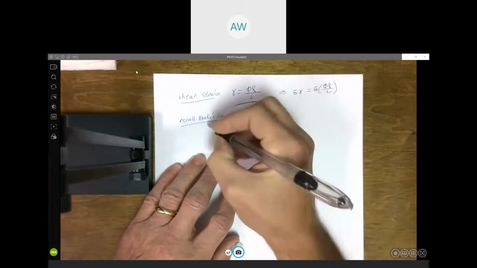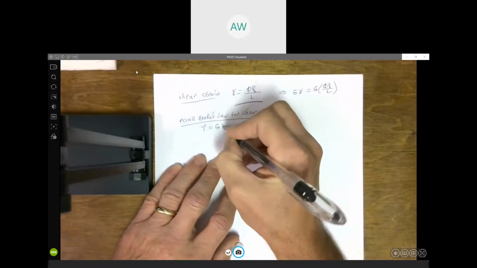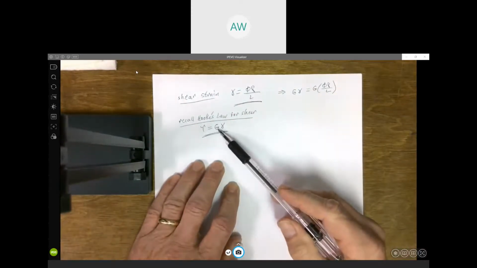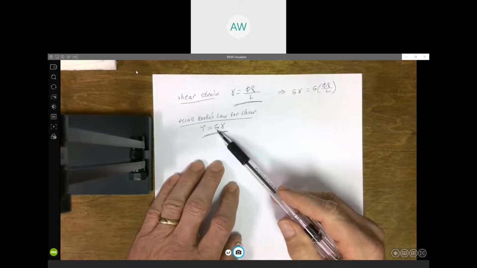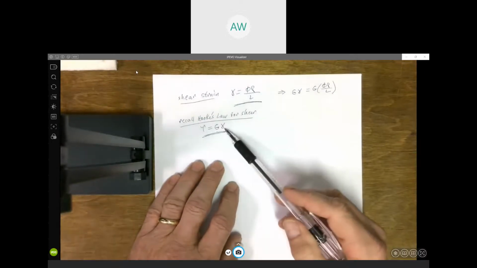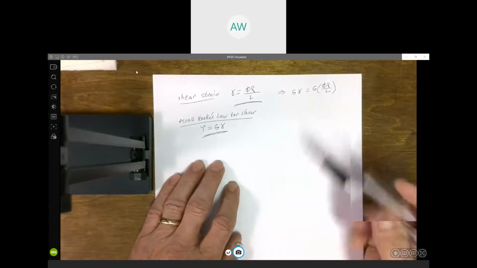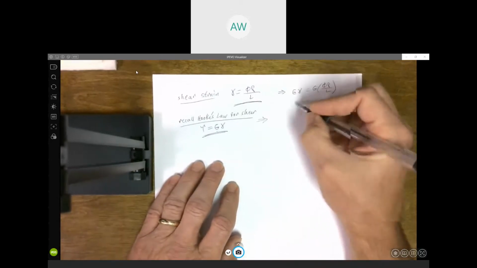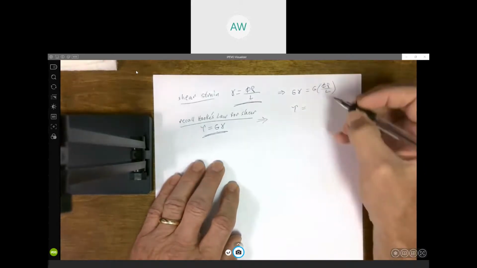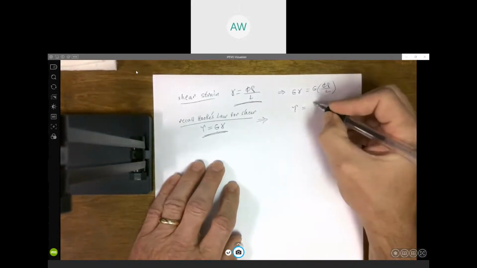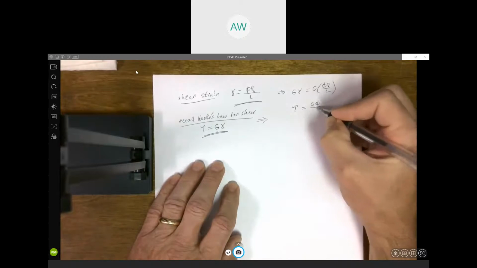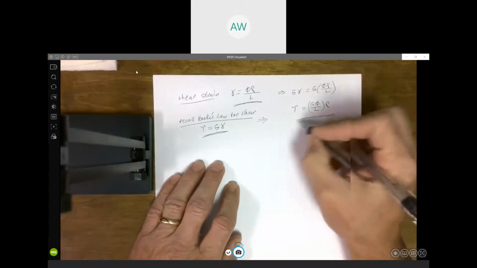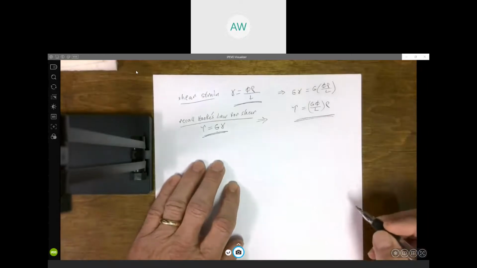So Hooke's law for shear said tau is equal to G times gamma. Shear stress is equal to the modulus of rigidity, or shear modulus, times the shear strain. So this thing on the left side is shear stress. So I know shear stress is G times phi over L times rho.